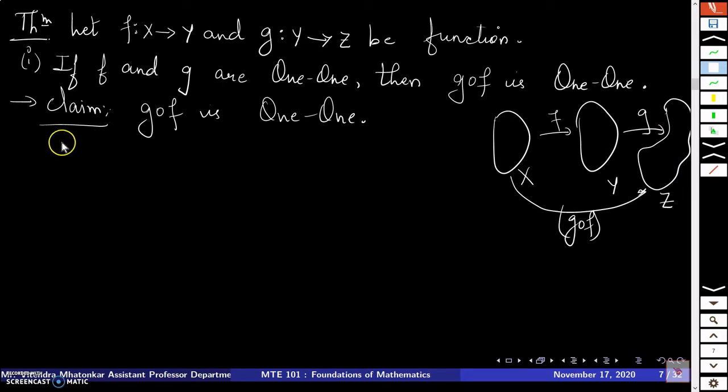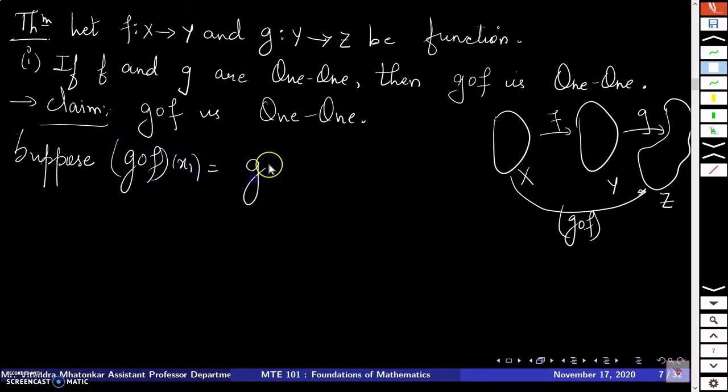I will use the proposition that we have done under 1-1 functions. Suppose G composite f of x1 is the same as G composite f of x2, where x1 and x2 are points in x.